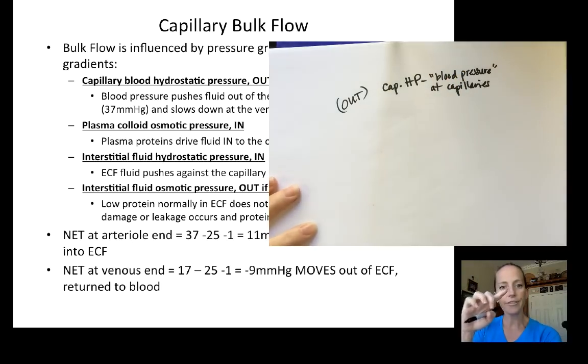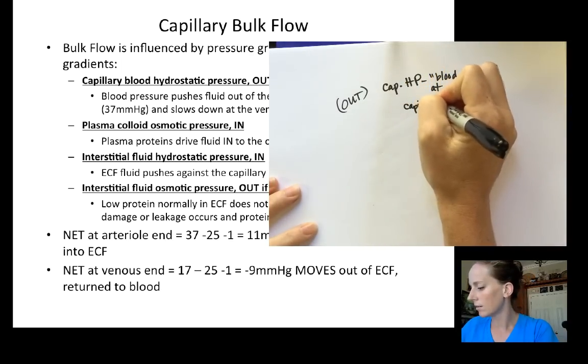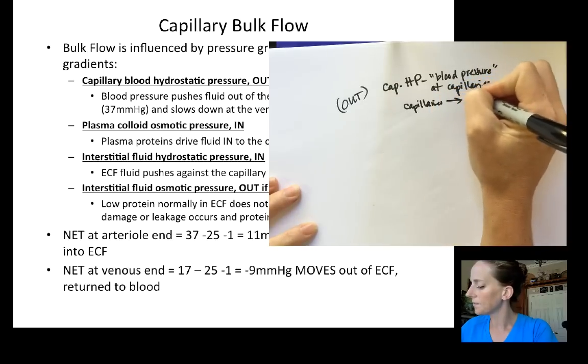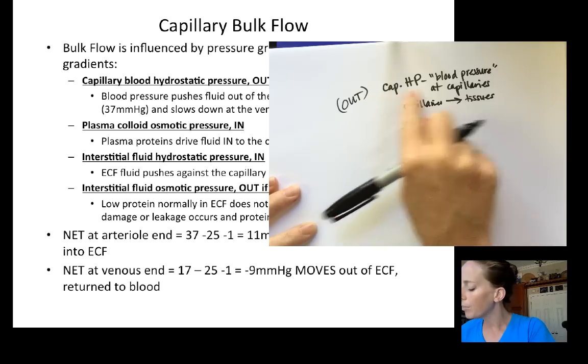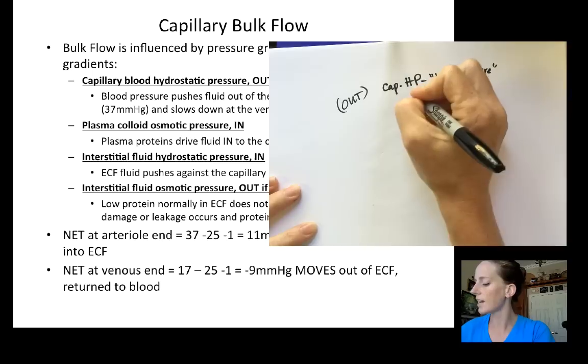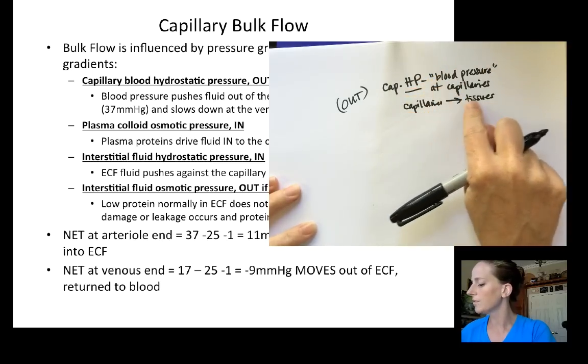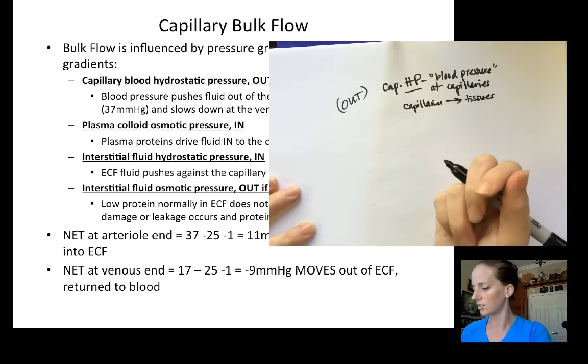So you're going to have fluid pushing out of the capillaries into the tissues. That push of the hydrostatic pressure is going to push fluid from the capillaries to the tissues. So that is out of the capillaries to the tissues.